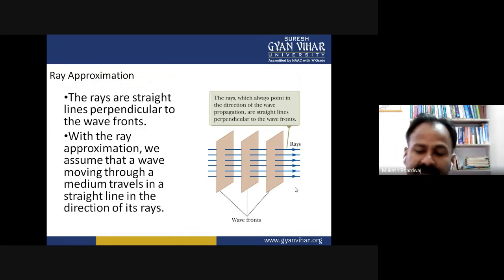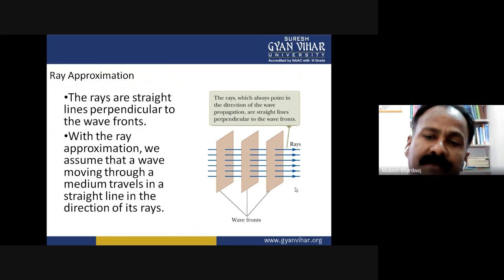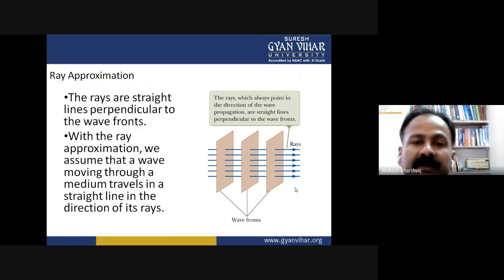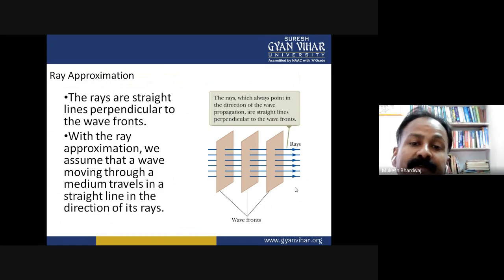direction of its rays. Now, according to the Huygens wave theory, the wave theory of light was given by Christian Huygens, 1629 to 1695. According to this, a luminous body is a source of disturbance in a hypothetical medium.